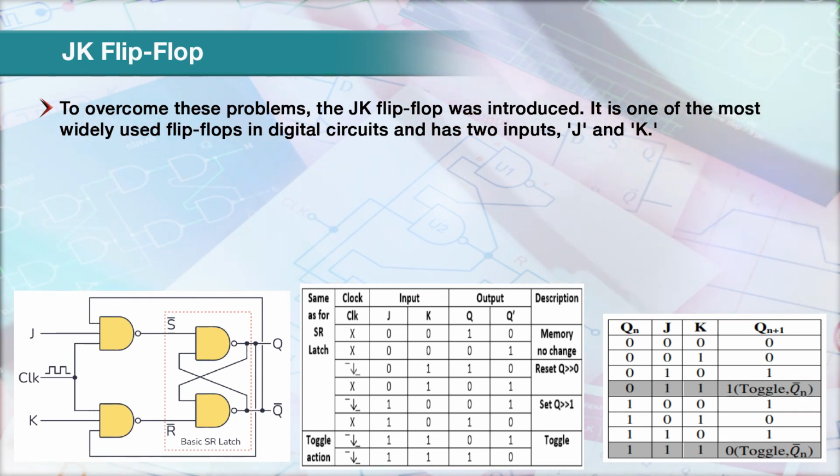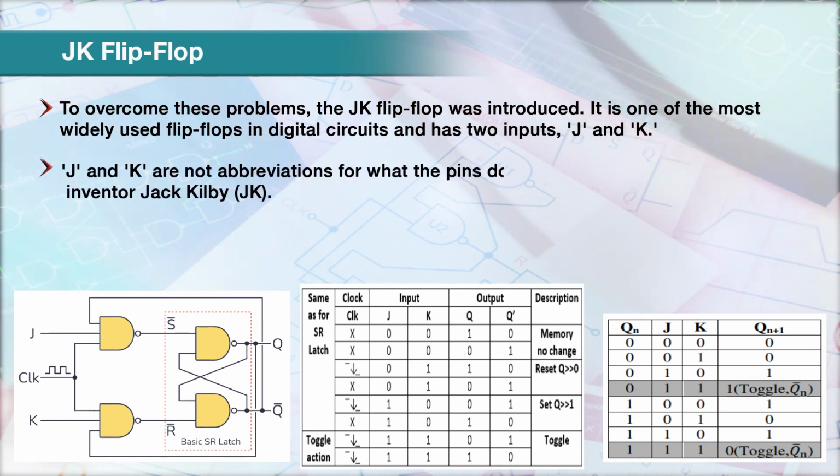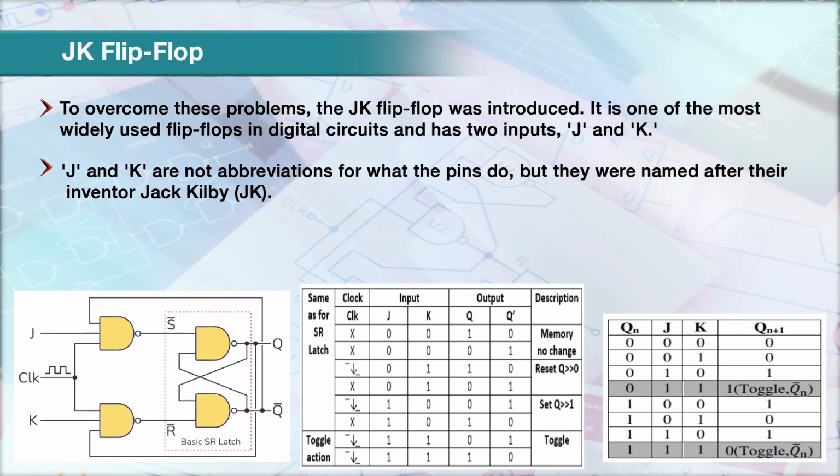It is one of the most widely used flip flops in digital circuits and has two inputs, J and K. J and K are not abbreviations for what the pins do, but they were named after their inventor Jack Kilby.